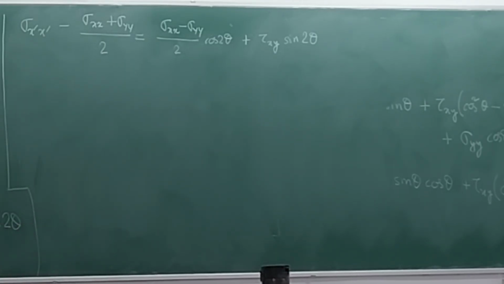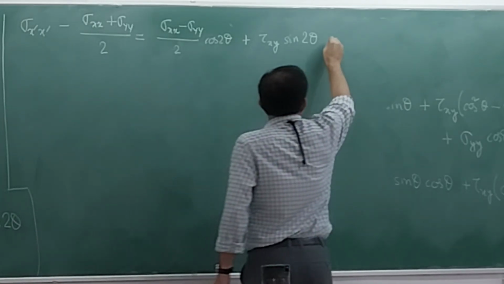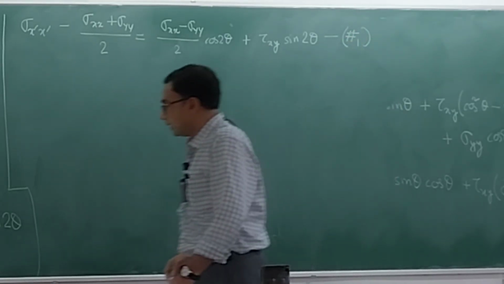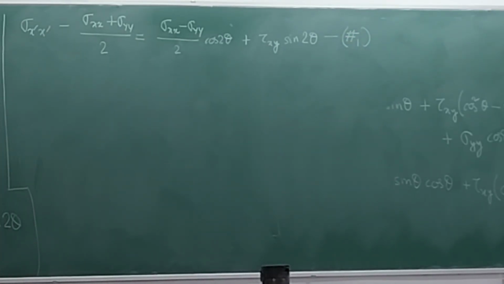And tau x dash y dash, I don't have to do anything. What I'll do is, I will call this equation 1, and I will call this equation 2.